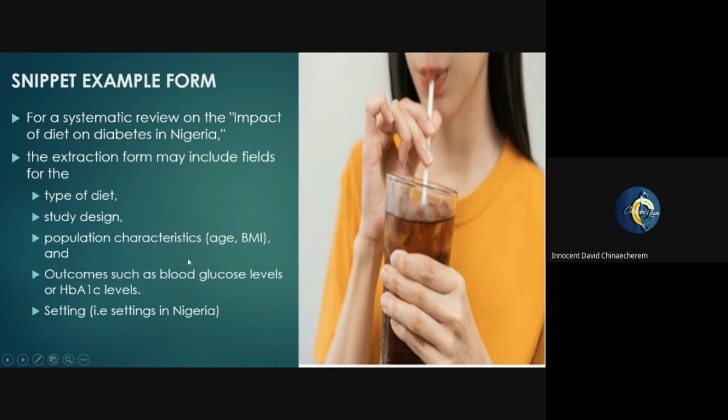So this is some of what we really made mention of, because they are very important. And for you to have a very concise and well detailed data extraction form, you really need a proper understanding of your studies.